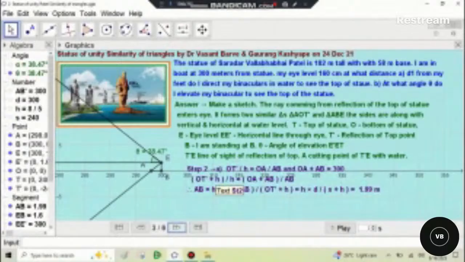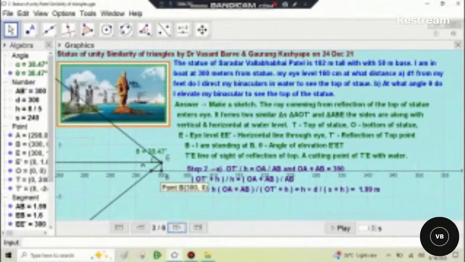So step T2. So this is the solution, right? And this is for your similar triangle, and this is for this thing. If you have this particular angle and this distance is known to you, so you can get the height.